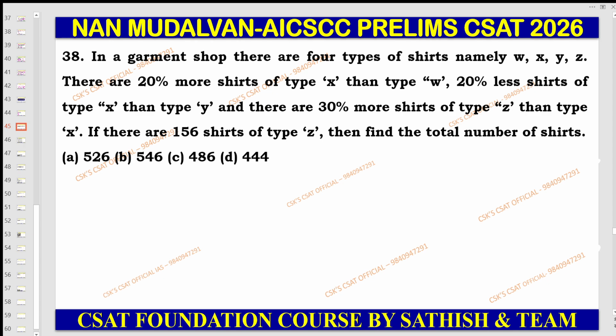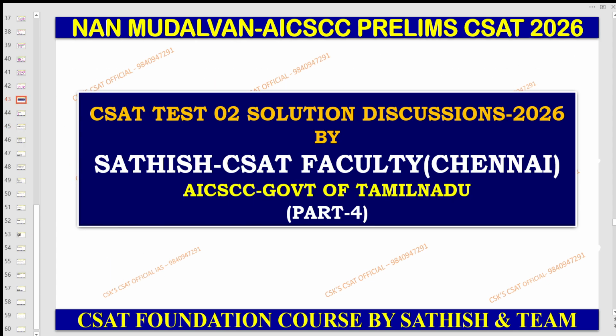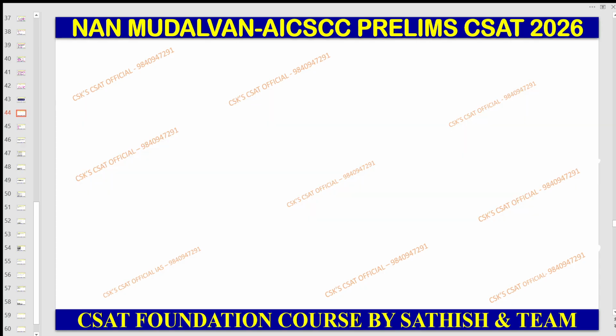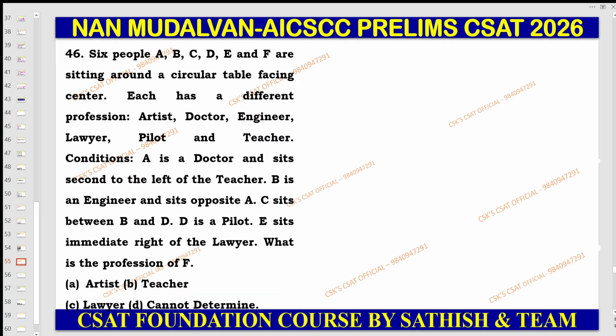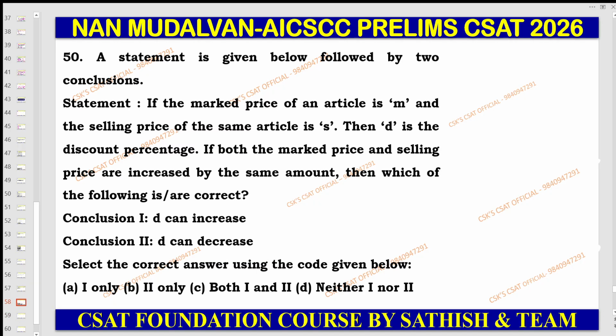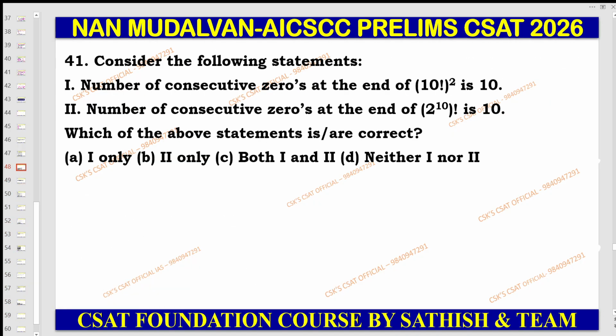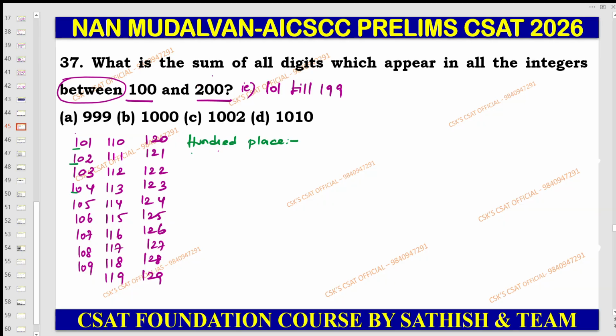I'm not having 36 here. Fine, I will teach you the 36th question after that question. Let us keep here as 36. Unable to find that question here. Okay, so let me complete this question and then I will teach you that.